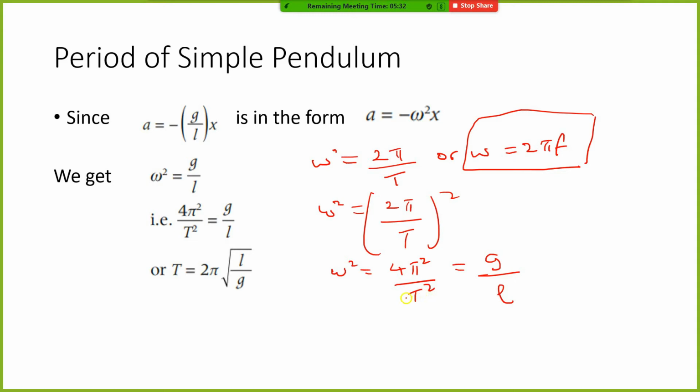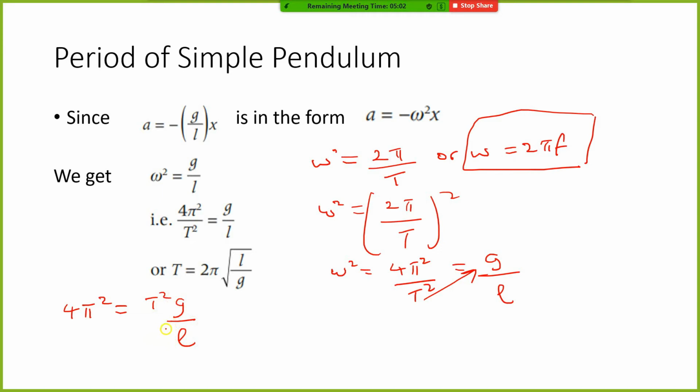I'm going to transpose the equation, so T squared is going to go up there because I need it in the numerator. So I'm left with 4 pi squared is equal to T squared times g divided by L.